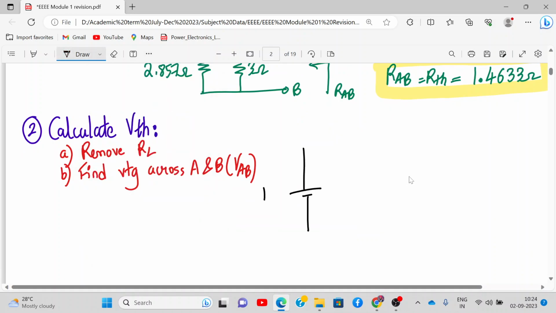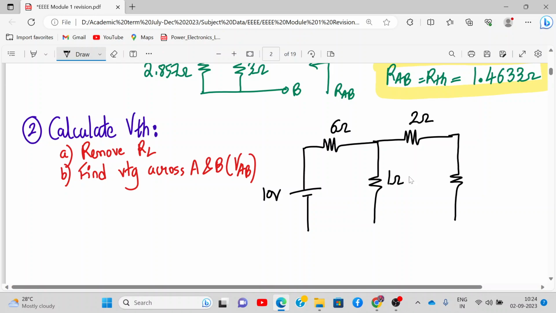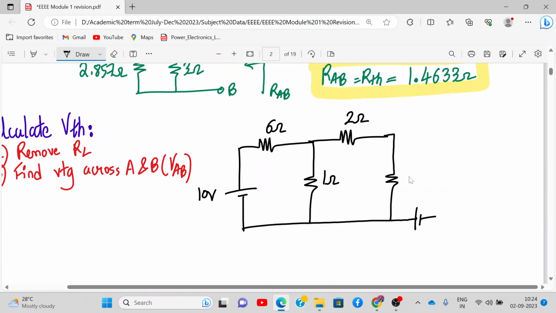I have a 10-volt voltage source, 6 ohm resistance, 1 ohm, 2 ohm, and 3 ohm. And here I have a 20-volt voltage source, and here I have the A and B points, right? So between A and B, I will remove RL.